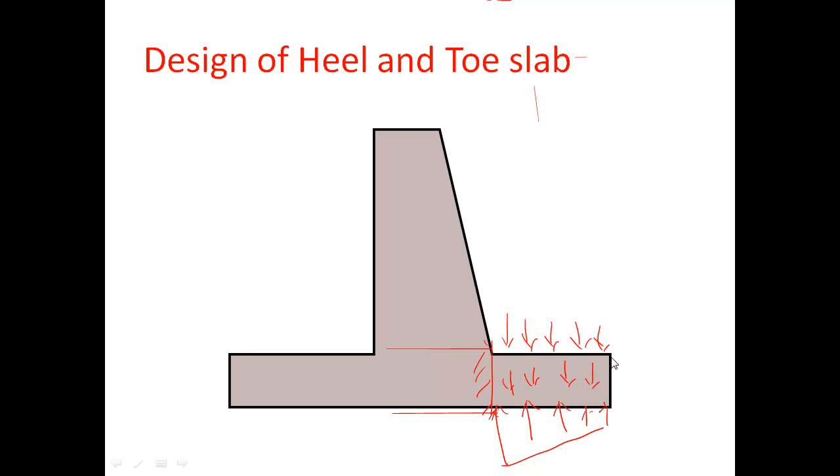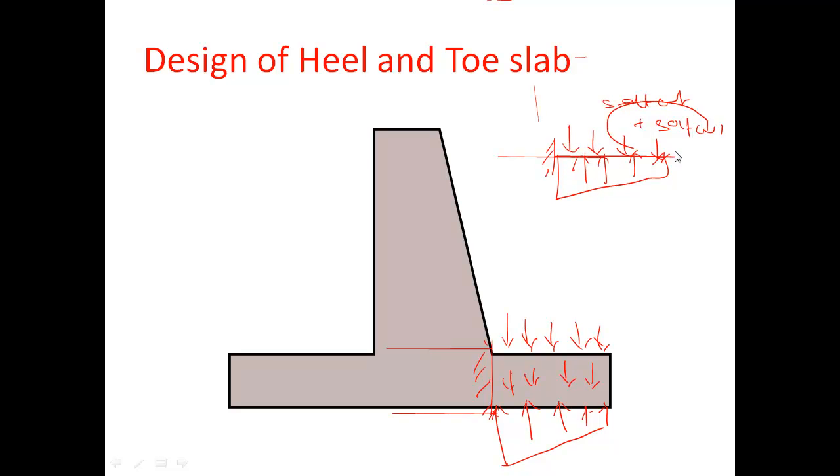The downward loads are self weight and weight of soil, and the upward load is the pressure of soil.